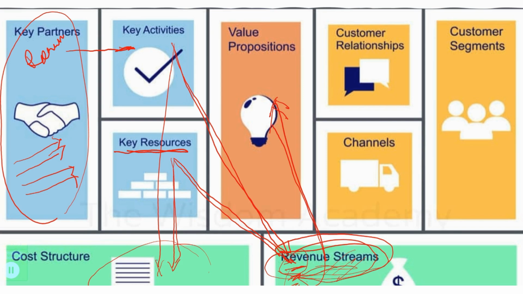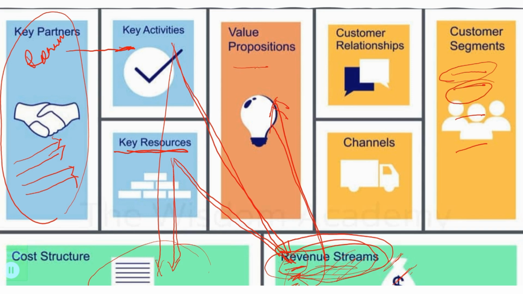Now, based on these activities, let us come to the second part. There will be different types of customer segments. So while we plan, before we start business, while planning the products and services, we will try to understand whom you are serving. What is your customer segment? Each customer segment will have different requirements.